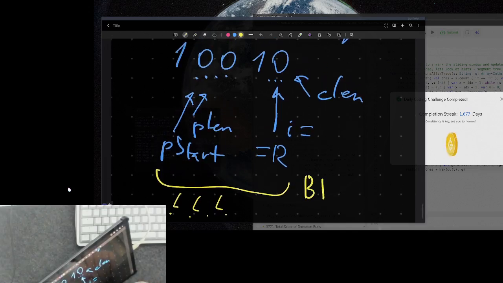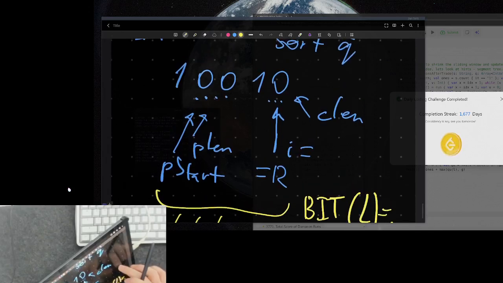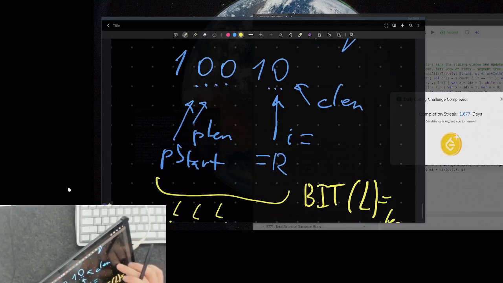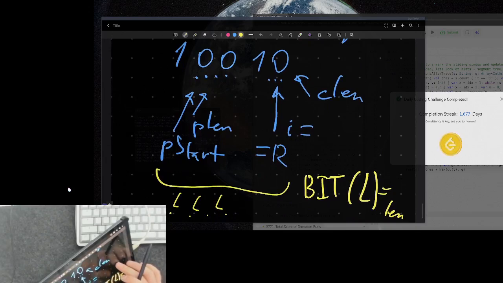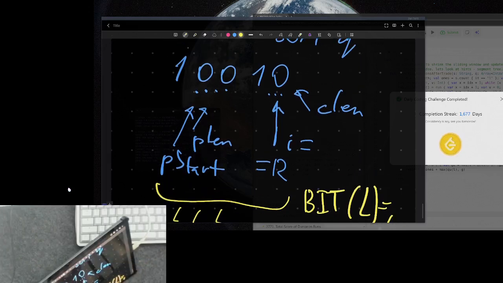For each binary indexed tree position L on the left, we store the length of zeros we could have that could be converted to ones. So basically, for this example, 0, 1, 2, 3, 4, we have p start equal 1, previous length equal 2, and current length equal 1.